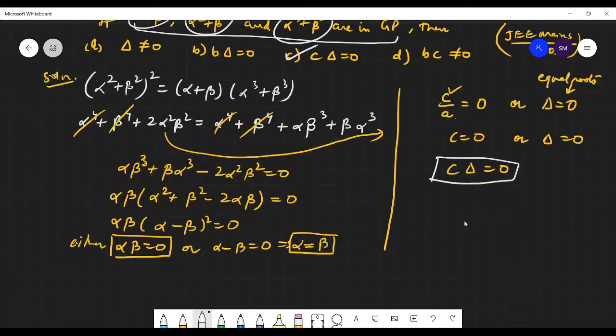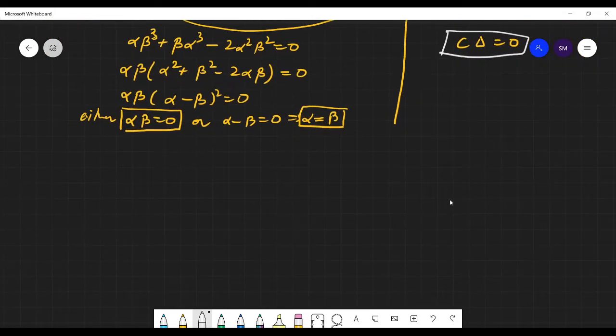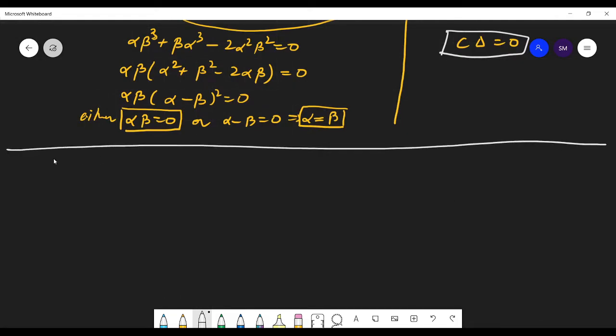Let's do the next question then. So our next question is A, B, C are in AP, okay? And A square, B square, C square are in GP.